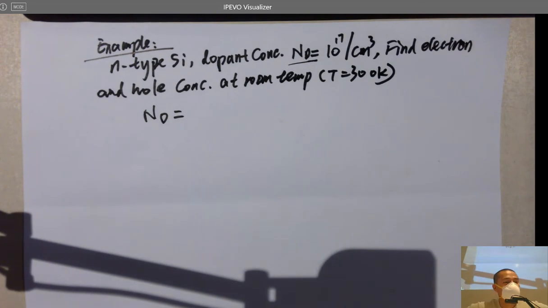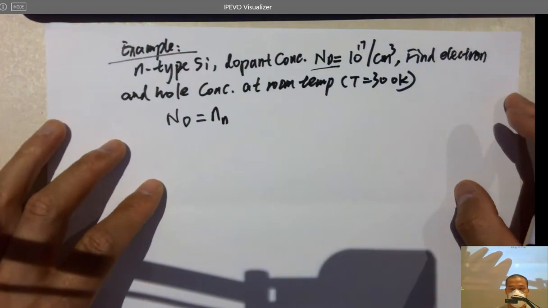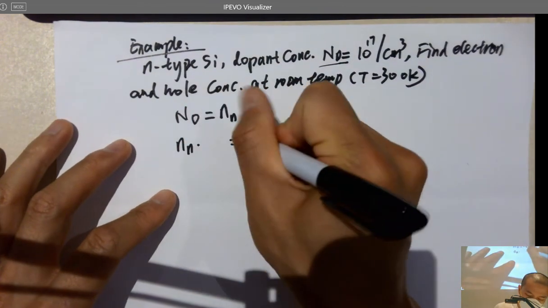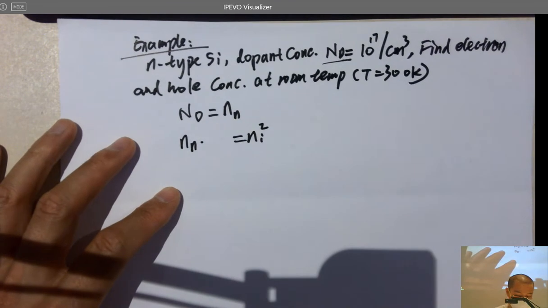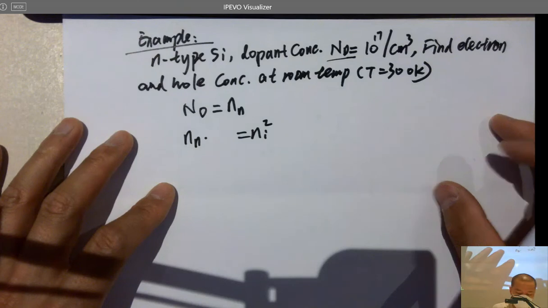Nd equals NN? And use the equation NN times PN equals NI squared, and NI is given.